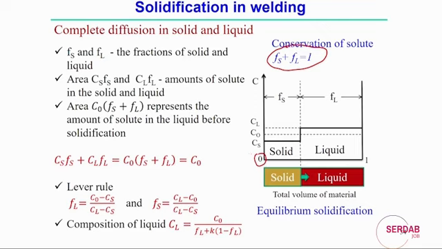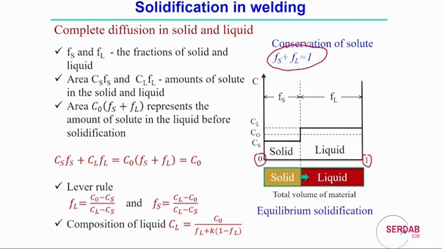If we look at the figure, the solid fraction and liquid fraction start from 0 and gradually increase to 1. There is a transformation during which the solid grows from the liquid phase, that is, from liquid to solid, and the solid phase gradually consumes the liquid phase.